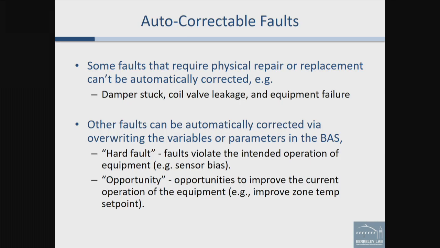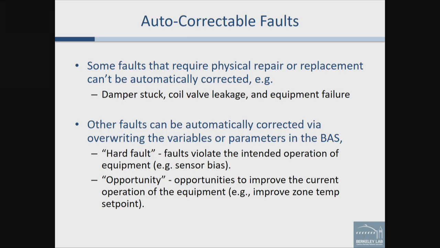And the second category, we call opportunities. That means the operation meets the design intent, but we think it is not a super good operation. There are still opportunities to improve it.